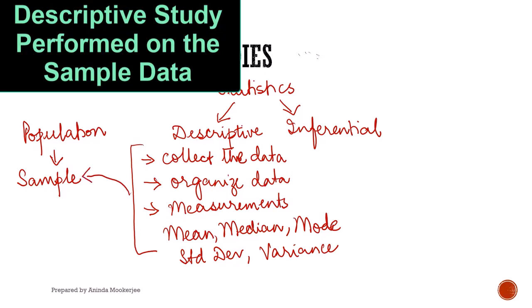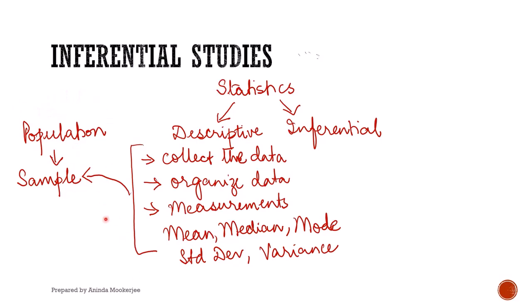All right, so we collect the data from our sample. Once we collect the data, we organize and take measurements, but all of that is done on the sample instead of the entire population. Now, once we are completed with all our descriptive functions, we use the findings from our sample and try to draw conclusions on the population.